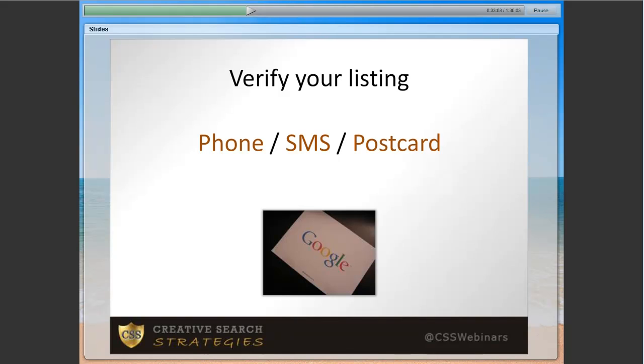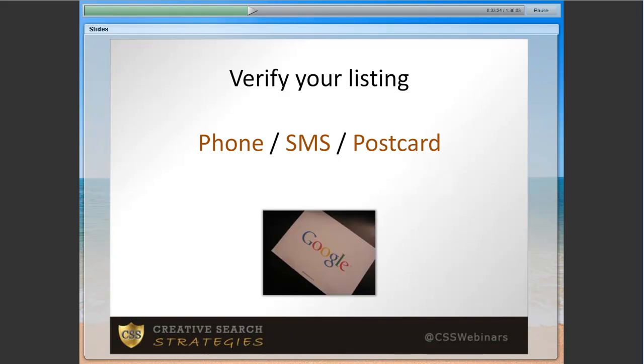Previous to that, I always did phone-based, where you would get a simple phone call from Google. You'd say hello on the end of the line, and they would give you your PIN number, and you'd be done and dusted and on in Google Places in less than half an hour.